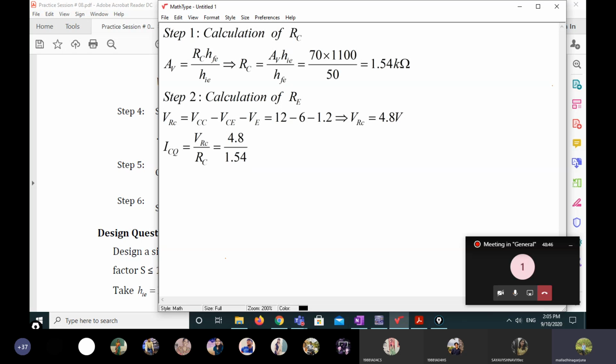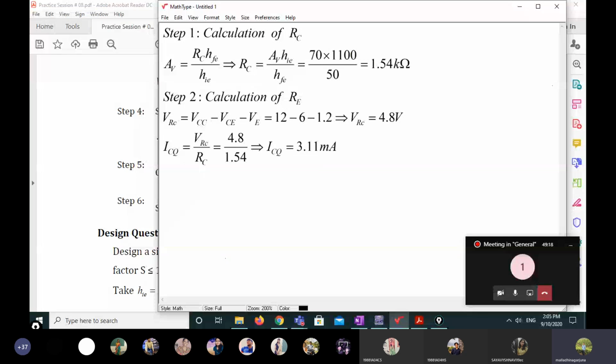What is the answer? 4.8 by 1.54. Just compare with your design procedure stepwise. I gave it stepwise, and I'm using the same formulas here. What is ICQ? 3.11 milliamperes.